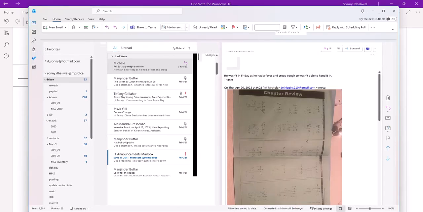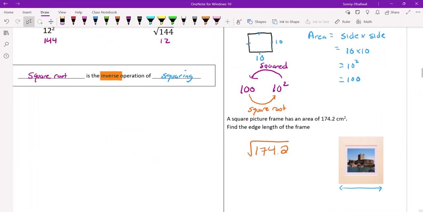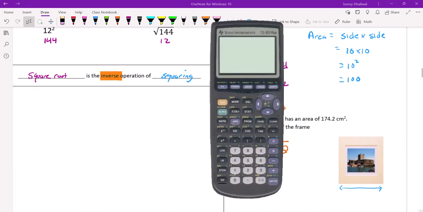Let's look at this one, because I have a feeling we have to do some rounding here. 13.2. The square root of 174.2, it's 13.1 like you said. We look at the number after. It's bigger than 5, so we round that up.